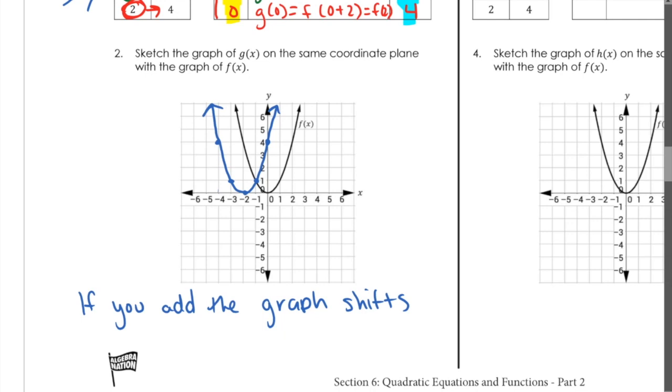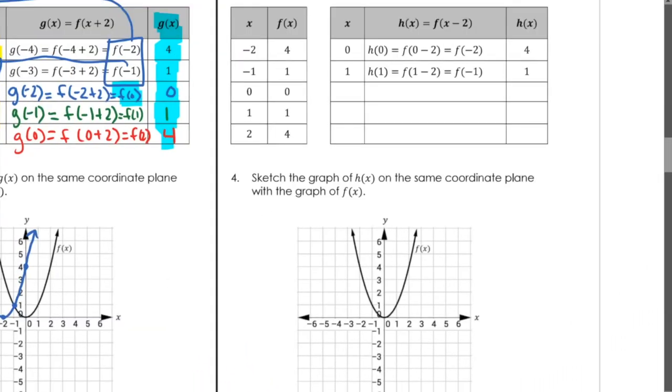Well, as you can see, it shifts to the left. And it shifted 2, so that means it's going to shift depending on how much you add. So if I added 10, it would shift 10 spaces. If I added 2, it would shift 2 spaces. Pretty easy. Okay, let's move on to the next one.